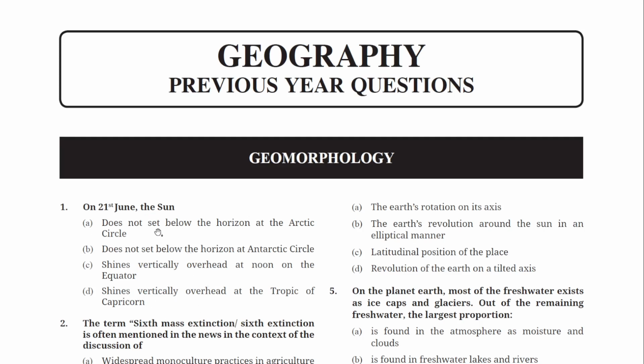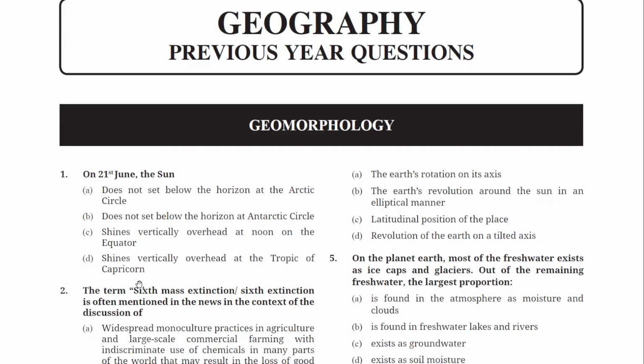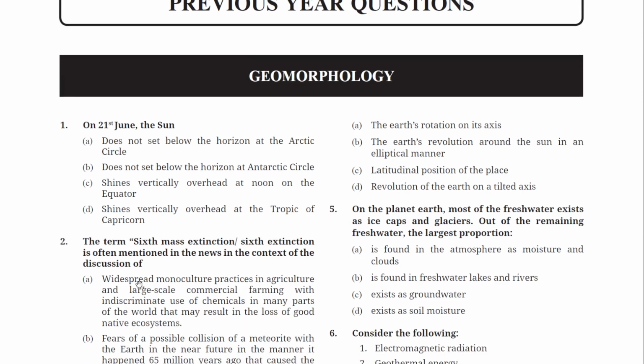So, does not set below the horizon at the Arctic Circle is the appropriate answer for this question. That is the right answer. So equinoxes, horizon, the different positions of the sun is an important repeated topic for the prelims examination.